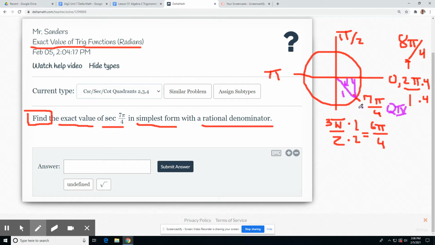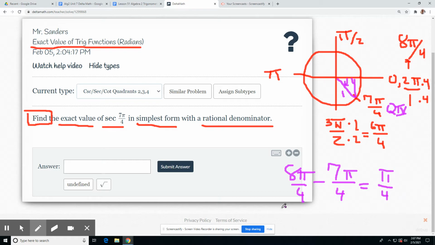And that angle is going to be 7 pi over 4, which is all the way around, subtracted from our 2 pi. So 7 pi over 4 subtracted from 2 pi, which is 8 pi over 4. All right, so the reference angle here is pi over 4.